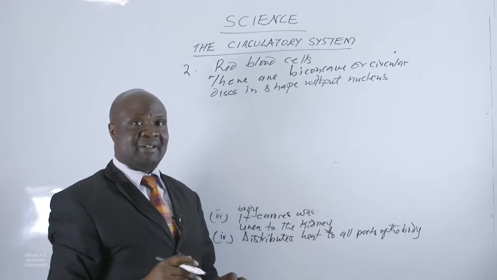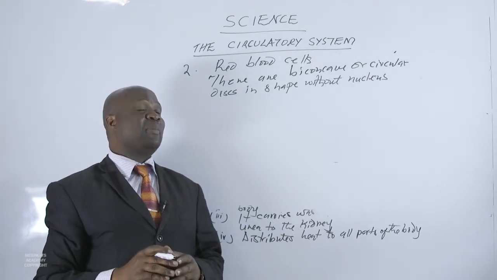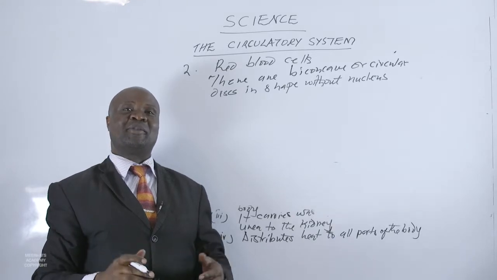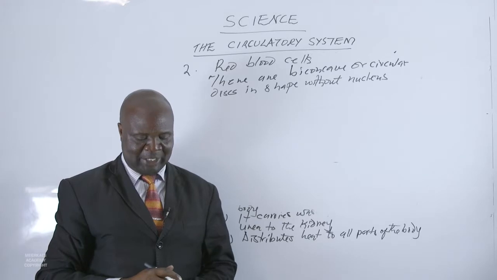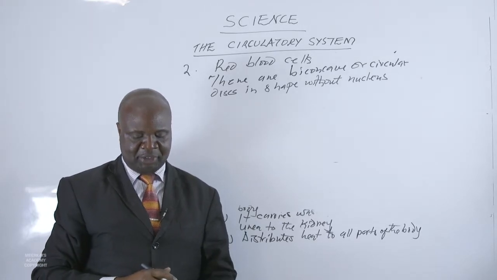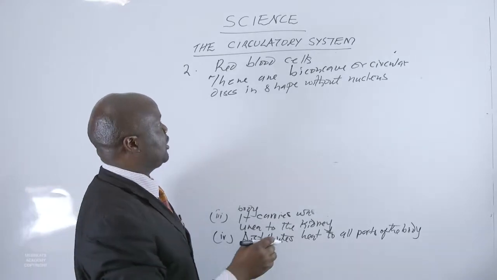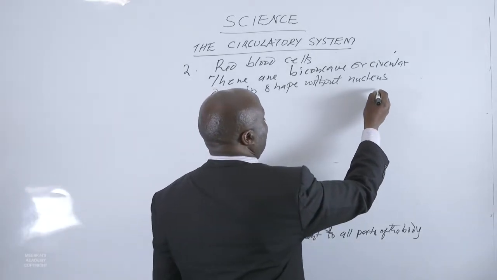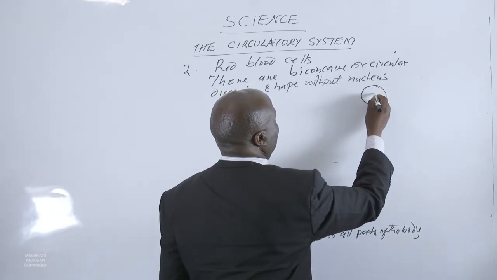These red blood cells are cells, yes, but they don't have a nucleus. Maybe the reason is to get more space for the transportation of oxygen from one area to another.